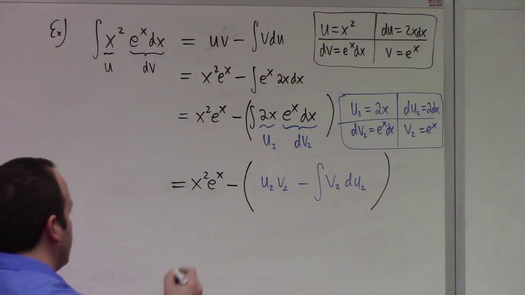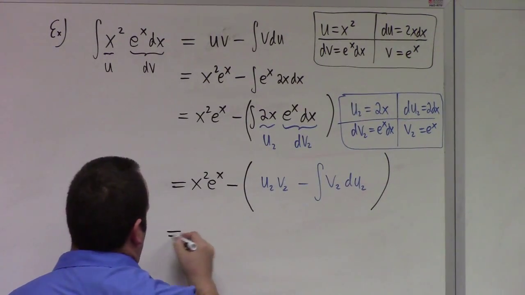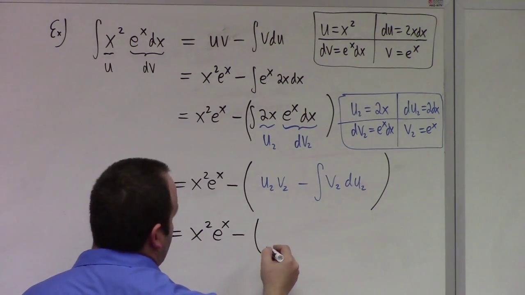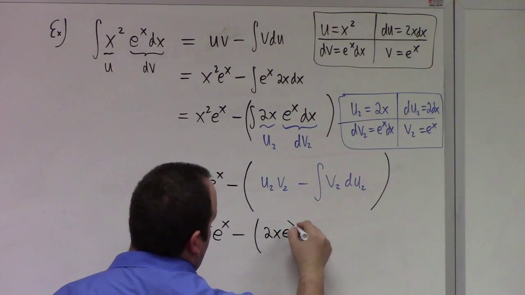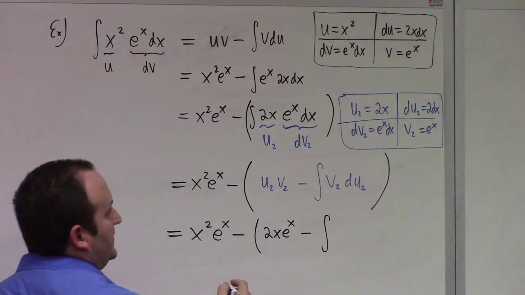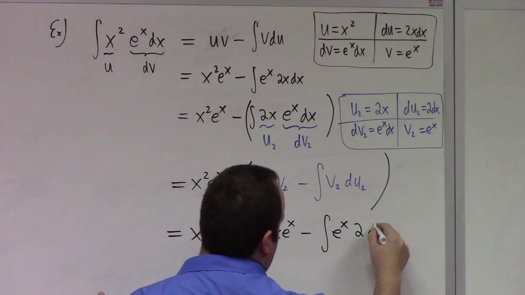Which is what? So we've got x squared e to the x minus big parentheses u2 v2, which is 2x e to the x, minus the integral of v2, which was e to the x, times du2, which was 2 dx.